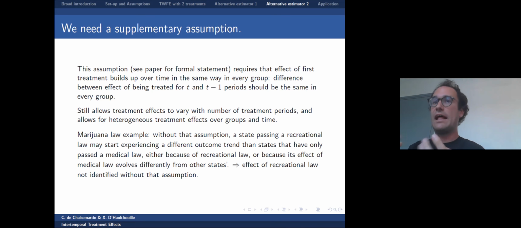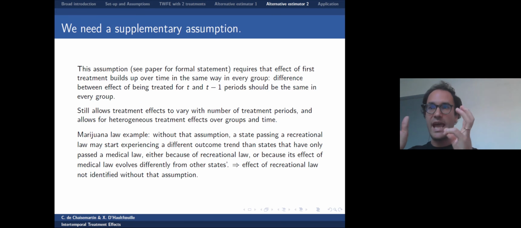The good news is that, again, you're going to have placebo estimators that will allow you to test the plausibility of this assumption. Now, why is this assumption needed for identification of the effect of the second treatment? Let's go back to the marijuana law example. Think of a state passing a recreational law.